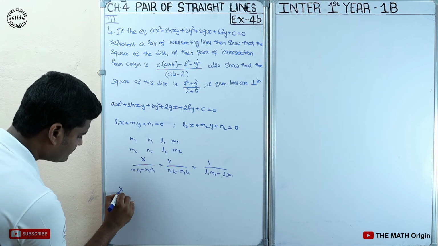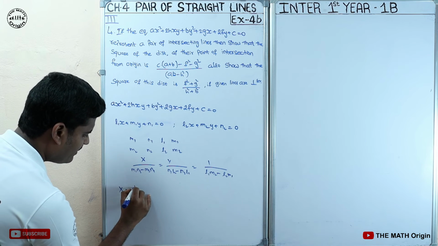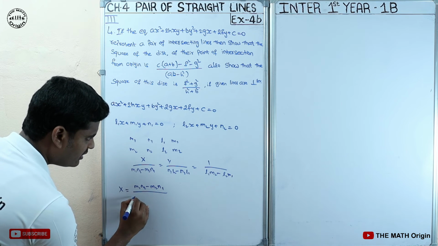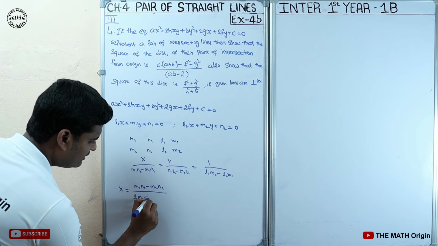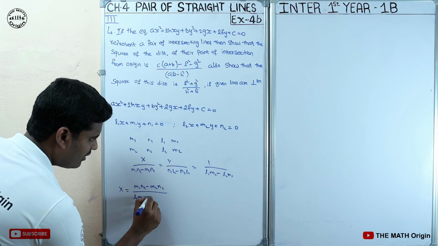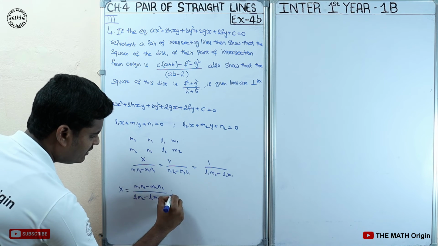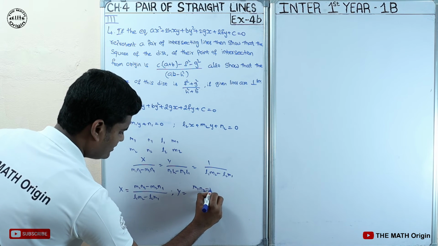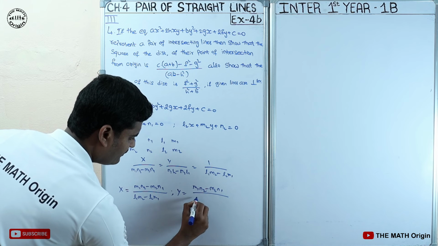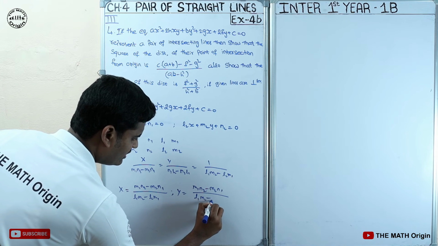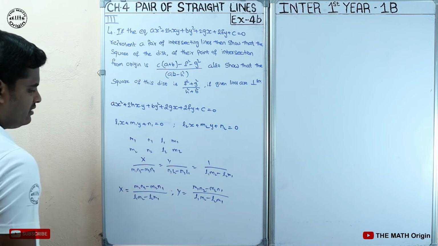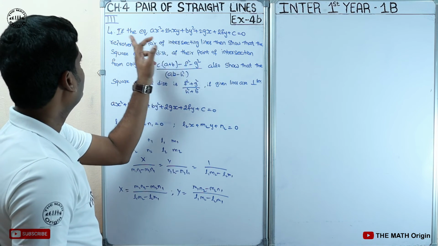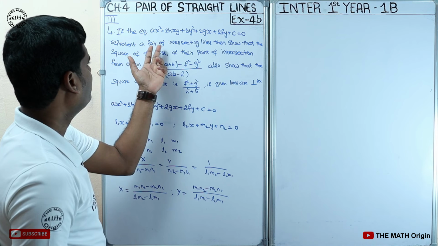So from this, x is equals to m1 n2 minus m2 n1 by L1 M2 minus L2 M1. In the same way, y is equals to n1 L2 minus n2 L1 by L1 M2 minus L2 M1.